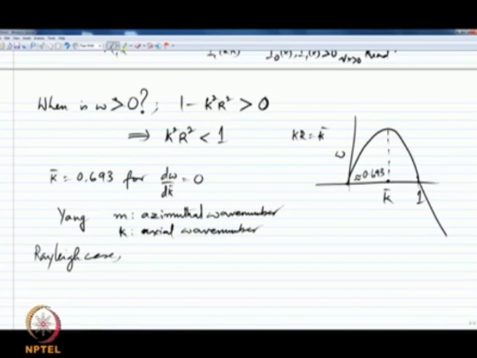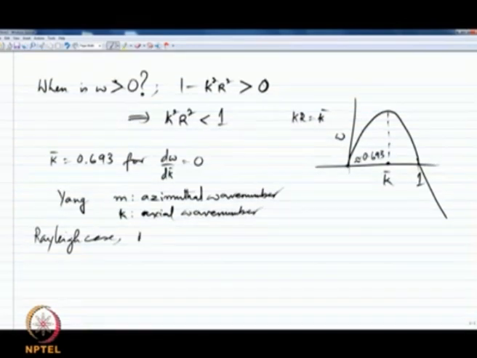what we can show is that the real part of omega for all m greater than 0 is less than 0.